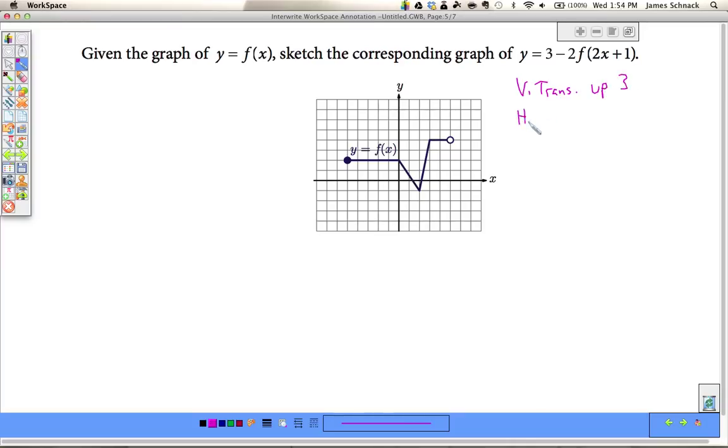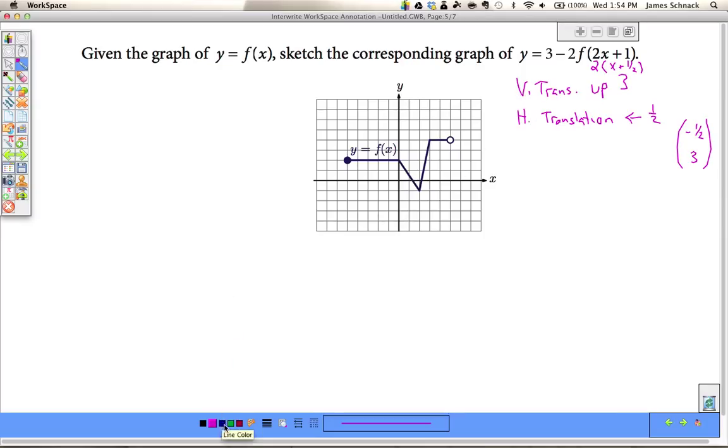To find the horizontal translation, remember, we want to factor what's inside the function: 2 times x plus 1/2. So my horizontal translation is going to be left 1/2. If we're giving this in vector notation, it would be negative 1/2, 3.